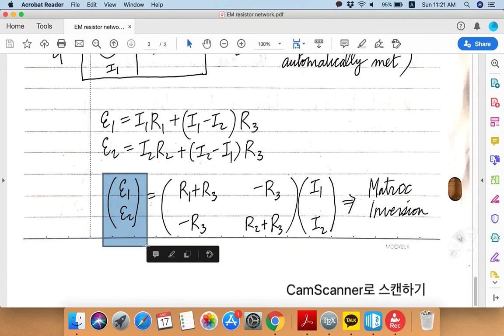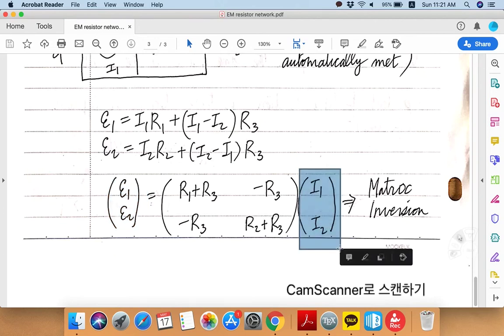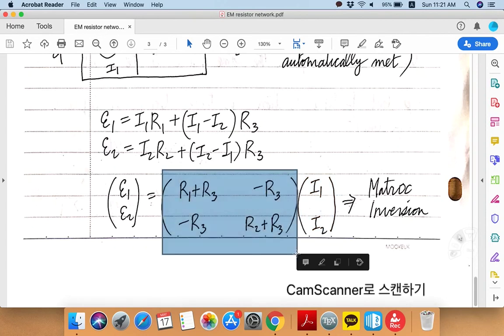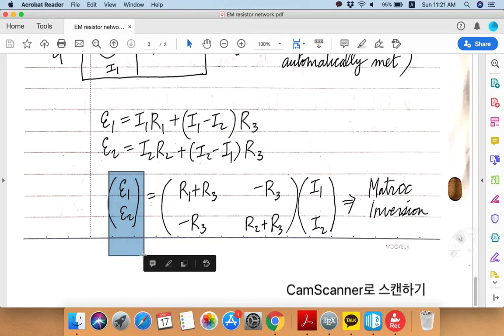Now what you want to find out is the value of I1 and I2 in terms of E1 and E2. Well, all you have to do is to find out what the inverse matrix of that is, and multiply that inverse matrix on the column vector of voltages. And that will solve the problem for you.